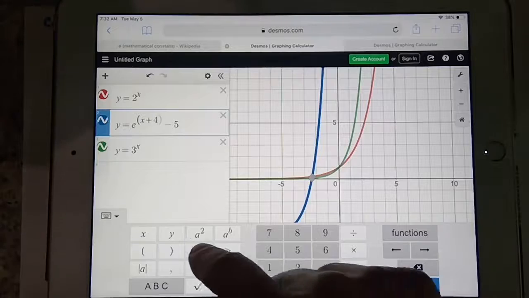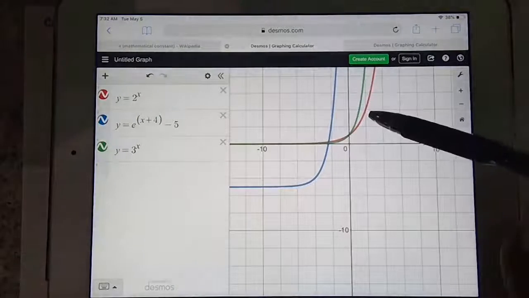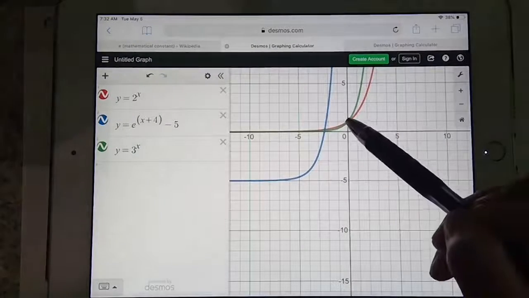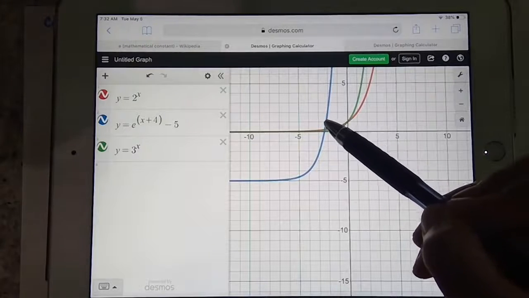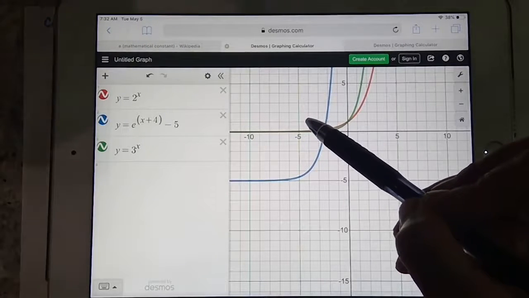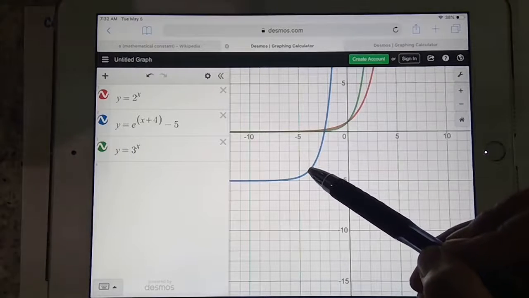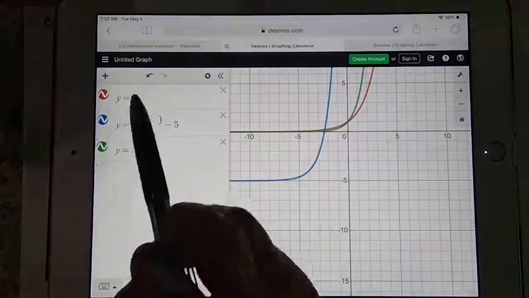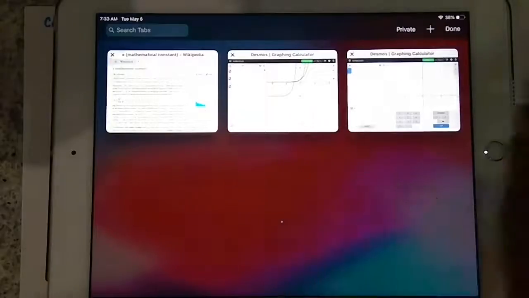What's that +4 going to do to your graph? It's going to take it and move it. Normally it was here, so it's going to shift it left 4 units, 1, 2, 3, 4, and down 5, 1, 2, 3, 4, 5 right there. And your asymptote is still at -5. So it actually shifts in the same way as any exponential function.